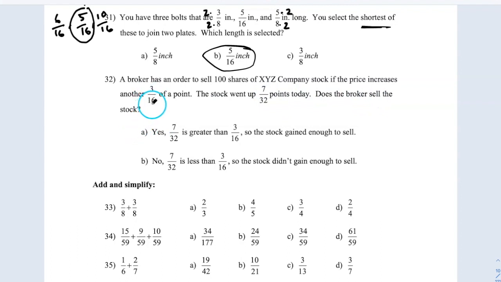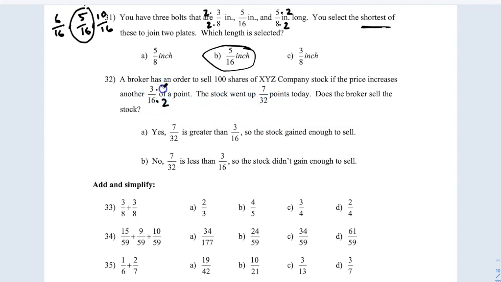So the idea is if this number is equal or greater than this, the shares will sell. You will sell the company. If this number is smaller than this, it will not sell. So I need to know if this is bigger or smaller. I need the same denominator. If you notice, it's the same process. How can I turn 16 into 32?